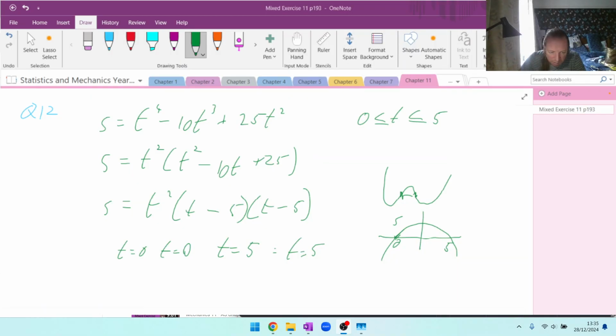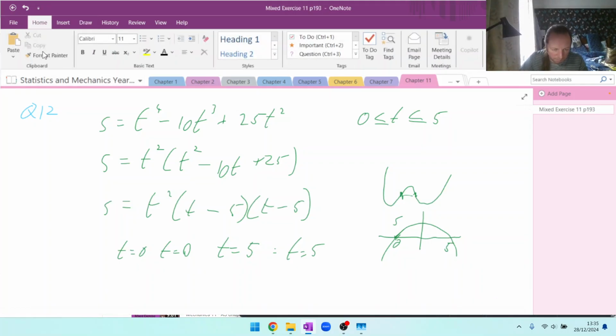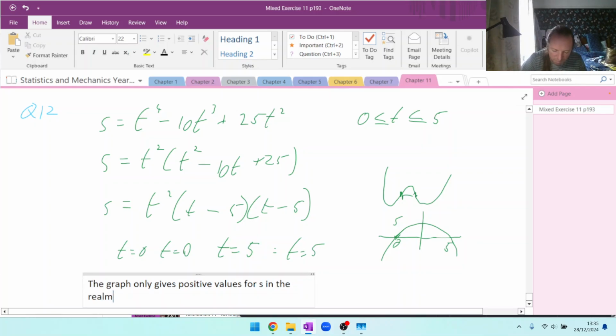Right, so we need to say that the graph only gives positive values for S in the realm of 0 to 5 seconds.